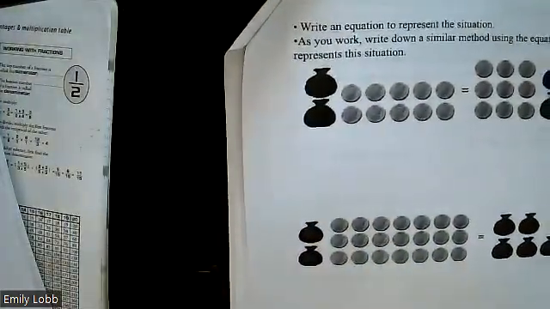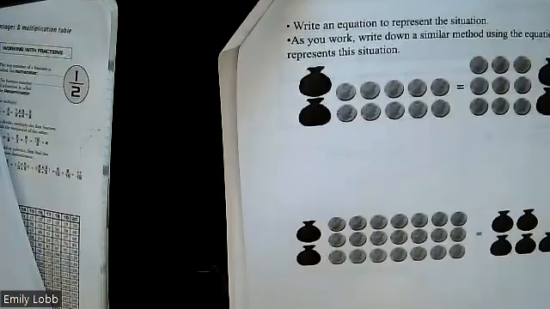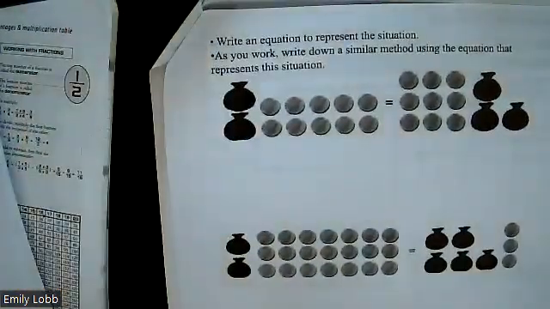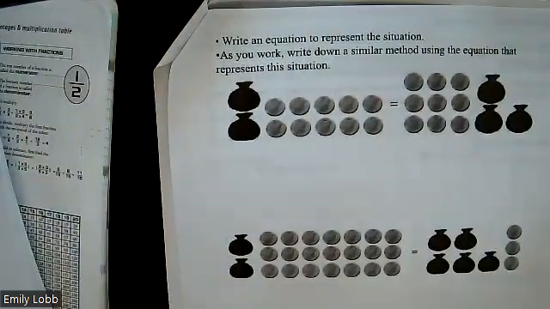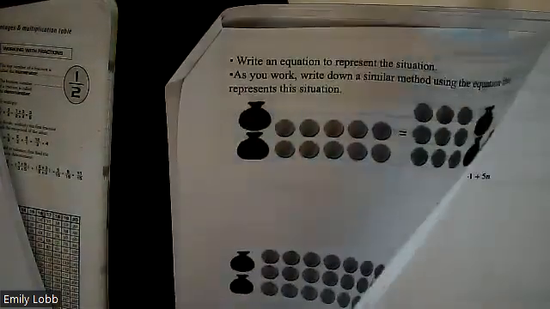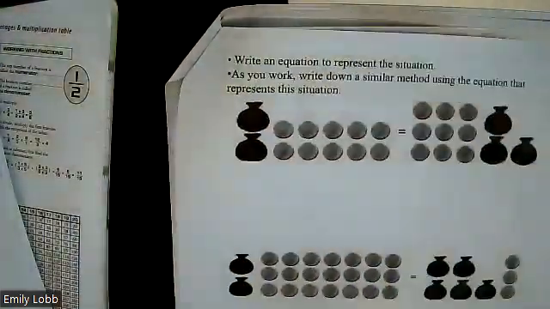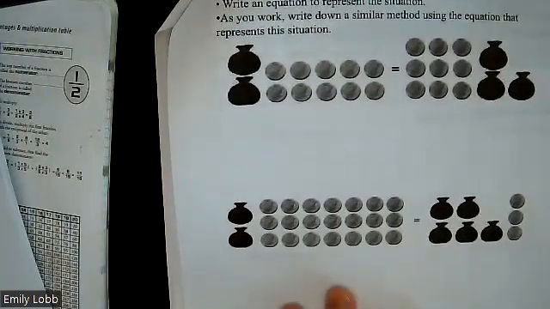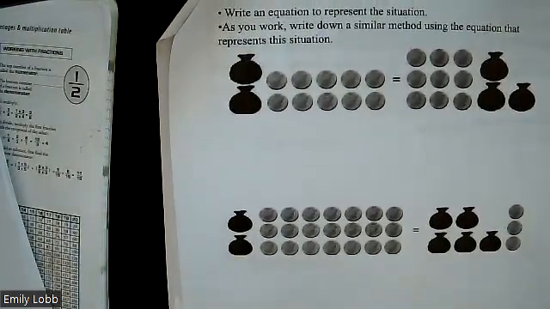And then your job was to write an equation and solve these. If you can do that, you can do pages 16 and 17, but those will be optional. They're just extra practice because it is very similar.